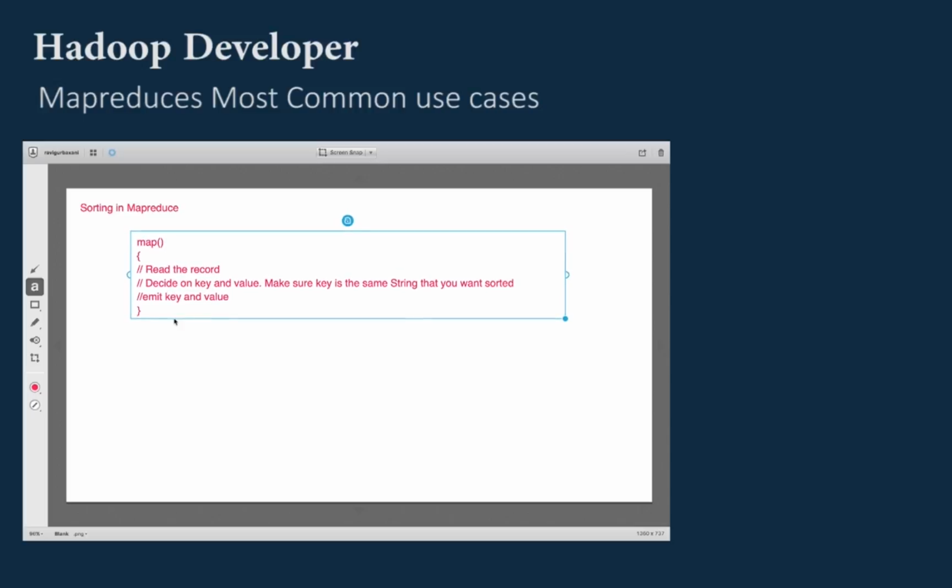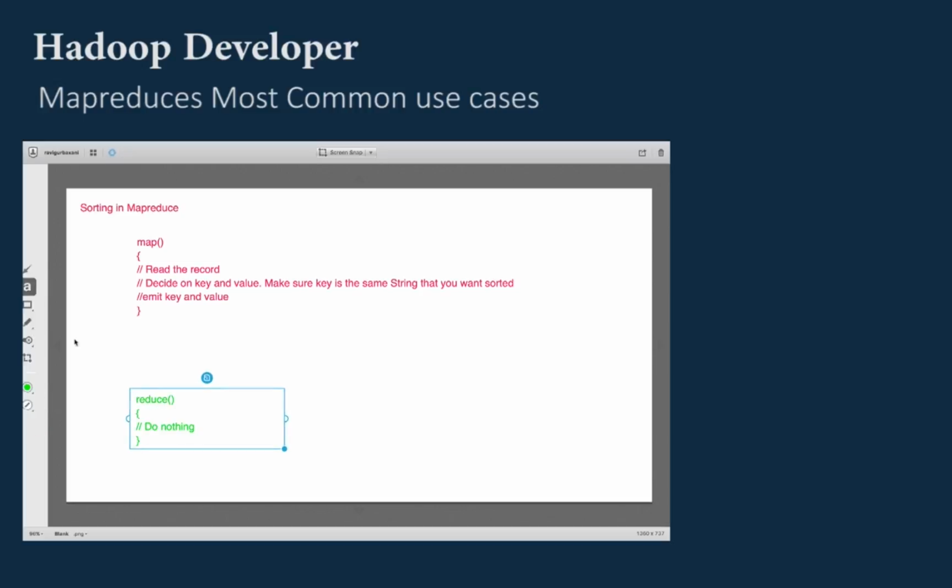So if we wanted to write an algorithm for sorting, it would look like this: in the map, you emit key value, and shuffle and sort automatically sorts everything on the basis of the key, so you don't have to do anything.